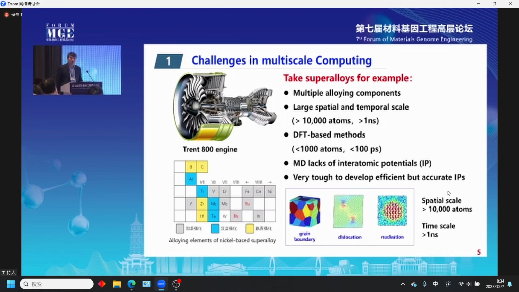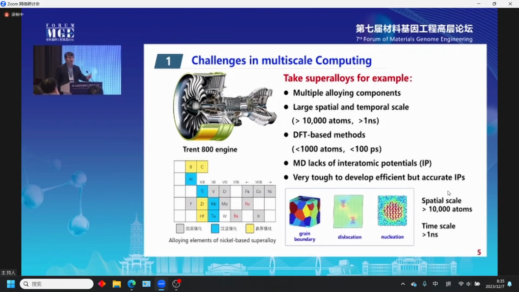Typically, for example, you need to describe these systems with at least more than 10,000 atoms. The time scale is about 1 nanosecond. But DFT calculation can only treat about 1,000 atoms, and a time of less than 100 picoseconds.